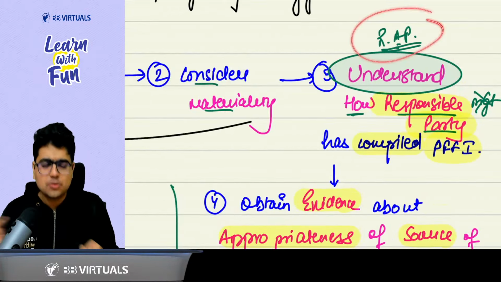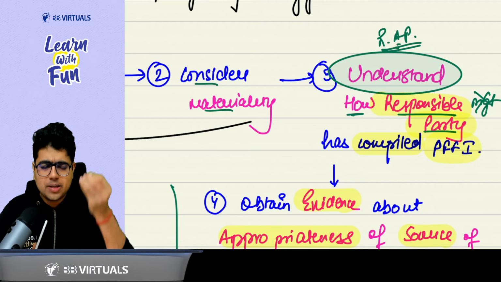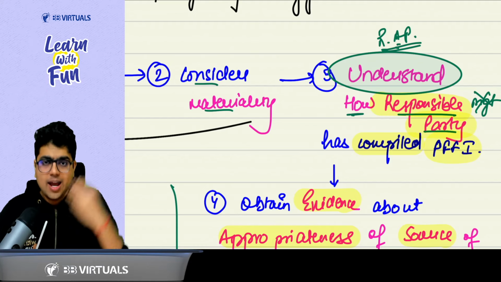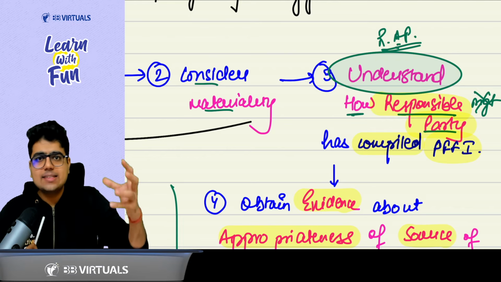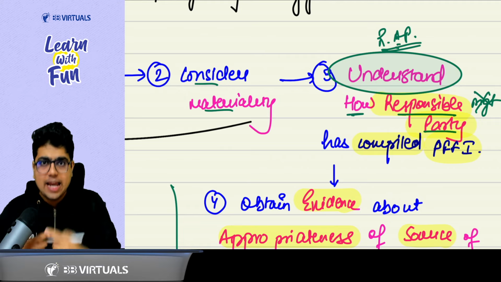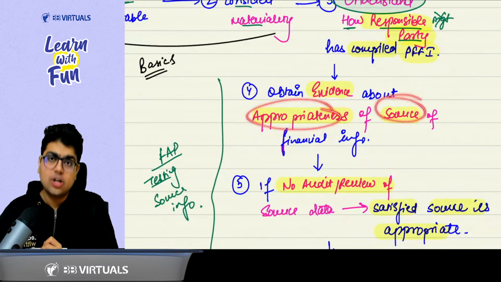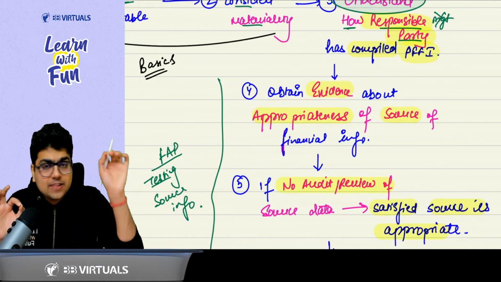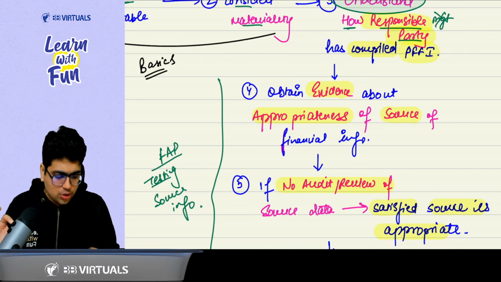In the risk assessment procedure, just understand how the responsible party is going to prepare the PFFI. Then start collecting your evidence. Evidence whether the source is appropriate or not. Then if that source is not audited, what to do?